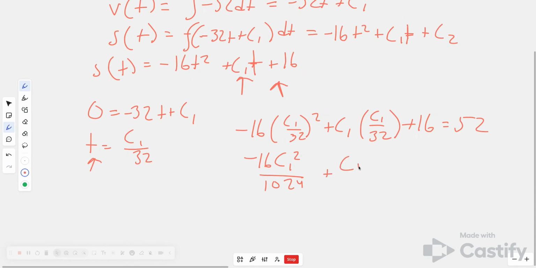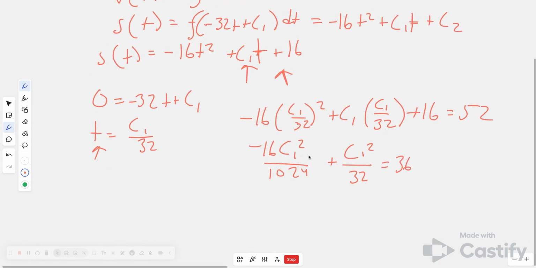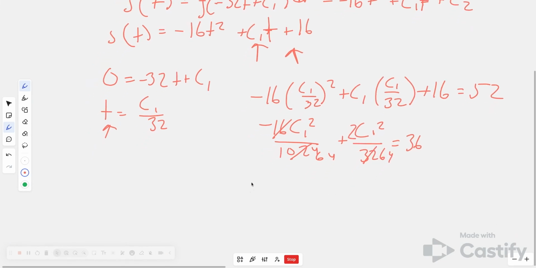Plus c1 squared over 32 is equal to 36. And then this cancels out to 64. And then we can make this a common denominator. We can add 2 here and then make this a 64. So we can add those two together. So c1 squared over 64 is equal to 36.